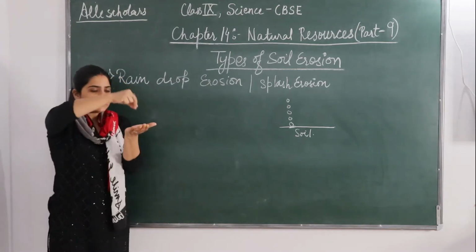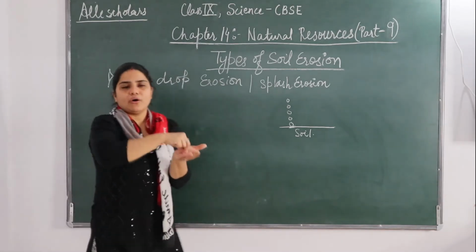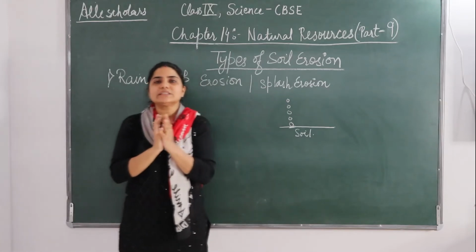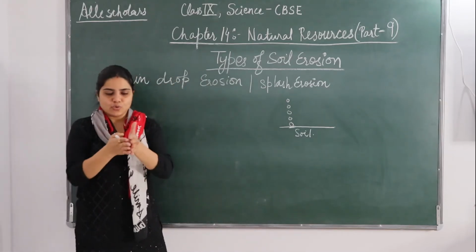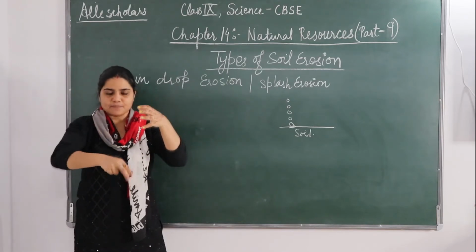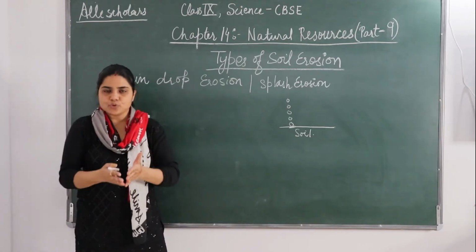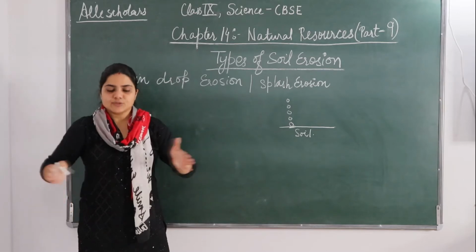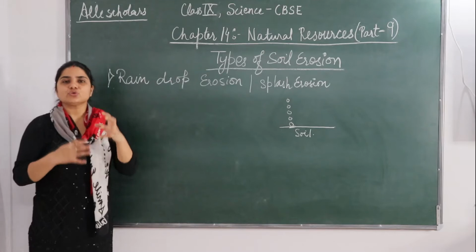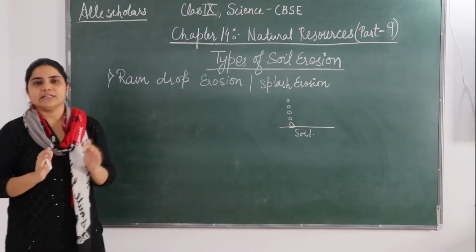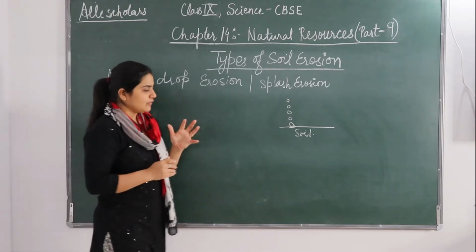So when raindrops fall on the surface of soil, what does this do? It displaces the soil particles. Soil particles को जब पानी ऐसे गिरेगा टप से तो वो soil particles को displace करेगा, थोड़ा सा move करेगा और क्या करेगा? Soil के structure को destroy कर देगा. It is going to destroy the structure of soil.